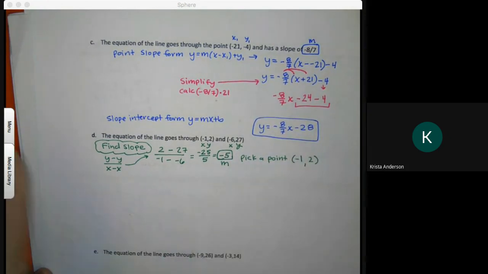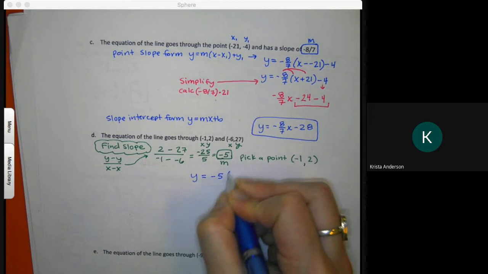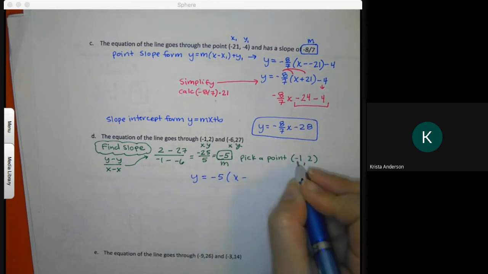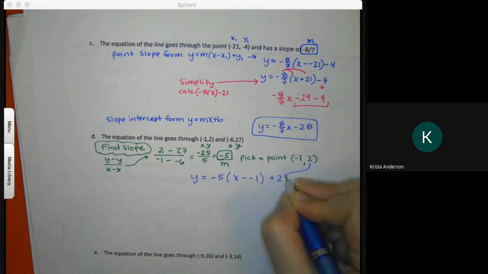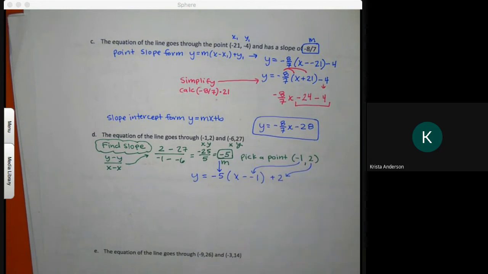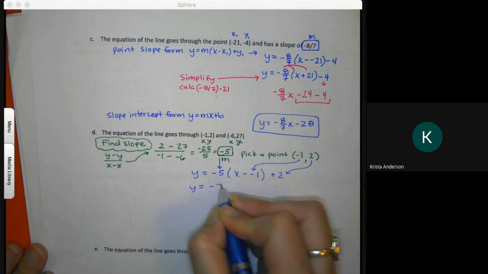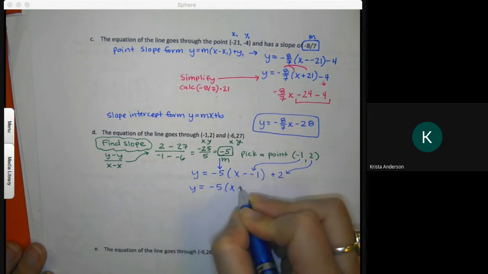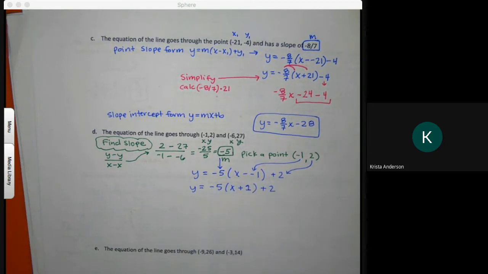That means I have in point slope form -5 times x minus a -1 plus 2. The double negatives look kind of weird, so I'm just going to fix it. Make it a +1. Double negatives will make a positive.